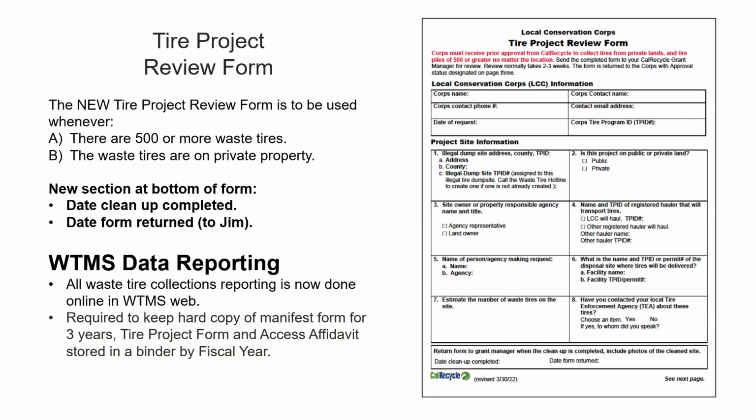And on private lands, there is a site-specific TPID number, which will be issued. That should be done by the local enforcement agency person, or if there's not a LEA, then CalRecycle will issue that for you. But it should be on the form and filled out by either of those two entities.